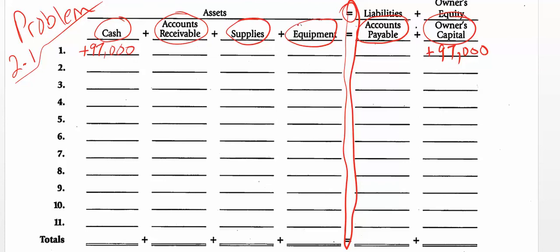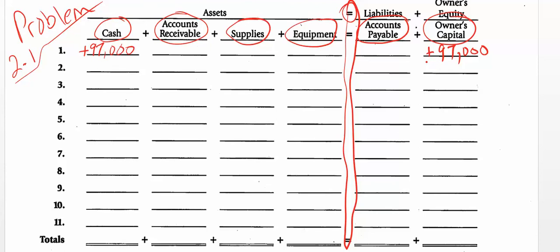You will see in a second that we'll do some transactions that are all assets. So one would be a plus and one would be a minus. Our accounting formula has to always equal. So that's the reason for that. This is going to make more sense the more you practice it.